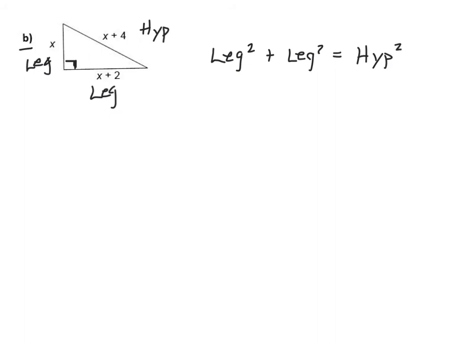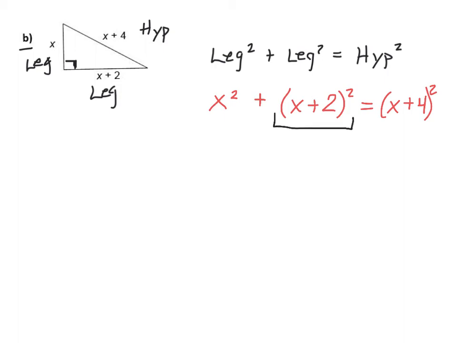Now, when I put my terms into this equation, I want to be careful and use parentheses. Doesn't so much matter for the first term, but for that x plus 2 and for that x plus 4. Okay, now you have to remember that when you're squaring these binomials, you can't just square the x and square the 2.